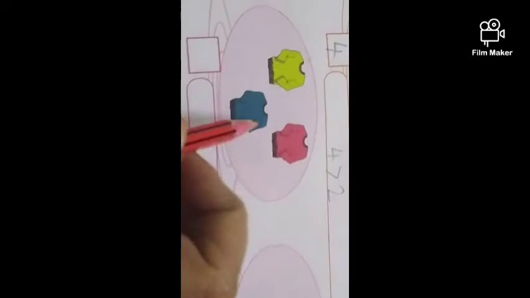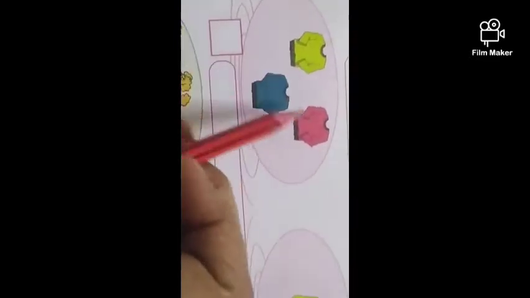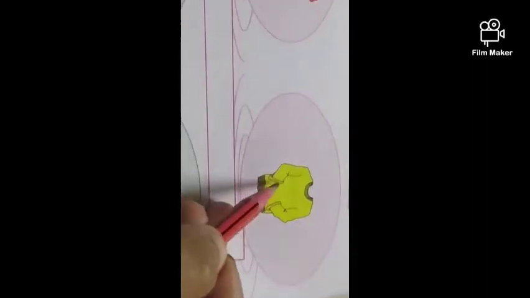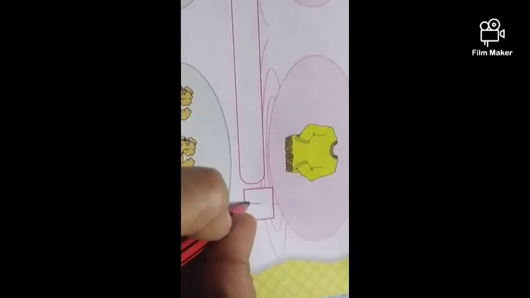Now come to the next picture. Okay, there are pullovers. How many pullovers are there in this picture? 1, 2 and 3. Write 3 in the square box. And this side, only 1 is there. Write 1. Now which is more? 3 is more or 1? Yes, 3 is more.